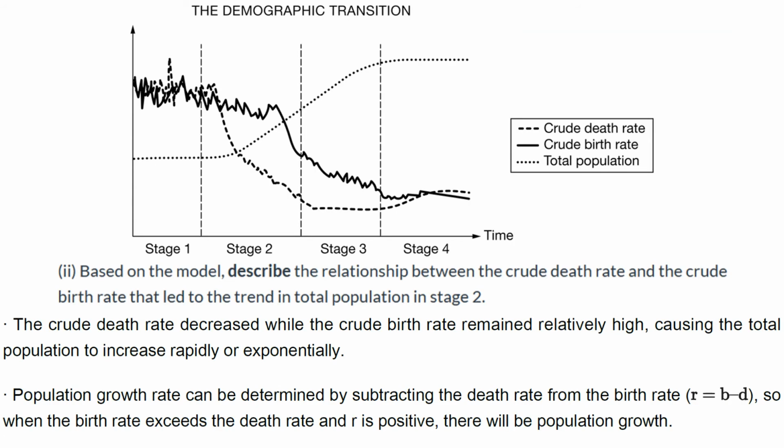So here for number 2, it wants us to describe the relationship between the crude birth rate and death rate and how it affects population. So the answer is the crude death rate decreased while crude birth rate remained relatively high, causing the total population to increase rapidly or exponentially. Let's see how a student uses that correct idea in their answer.